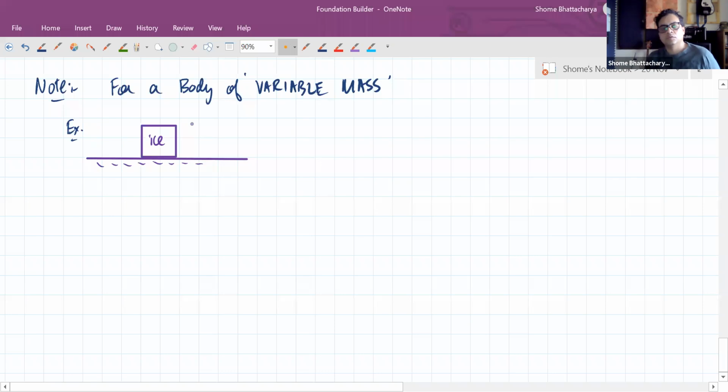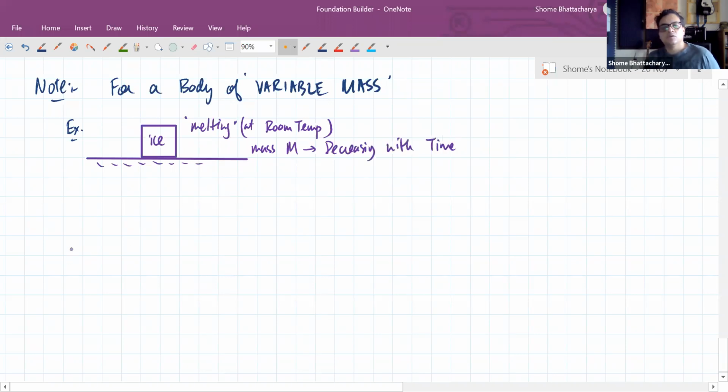So this is melting at room temperature. So what happens? Its mass is decreasing with time.